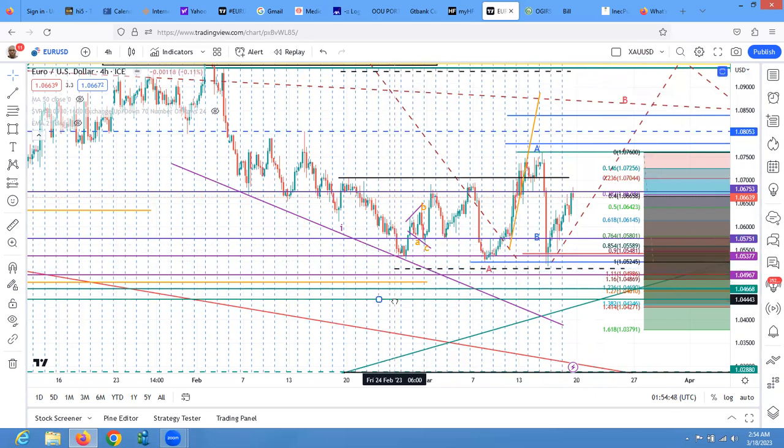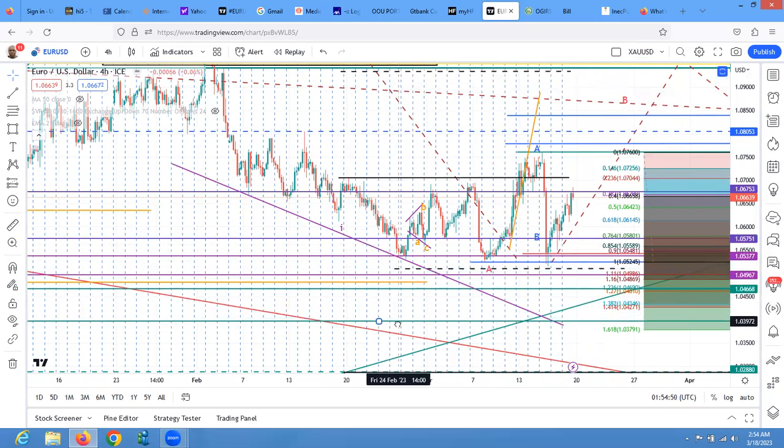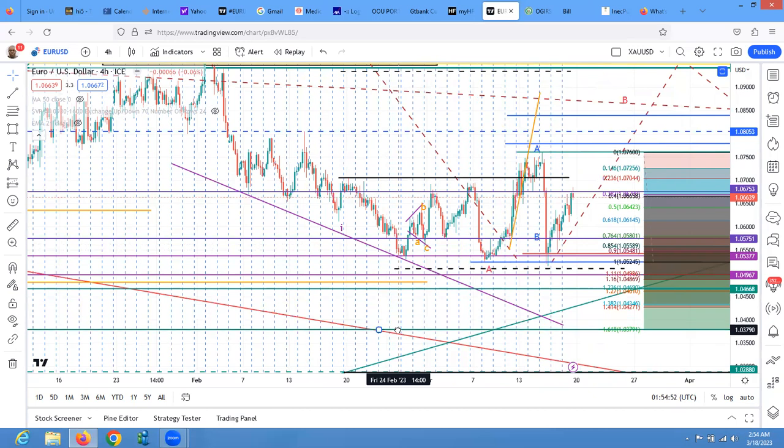And the limit of B would have been this, which would be crazy to expect in a correction.